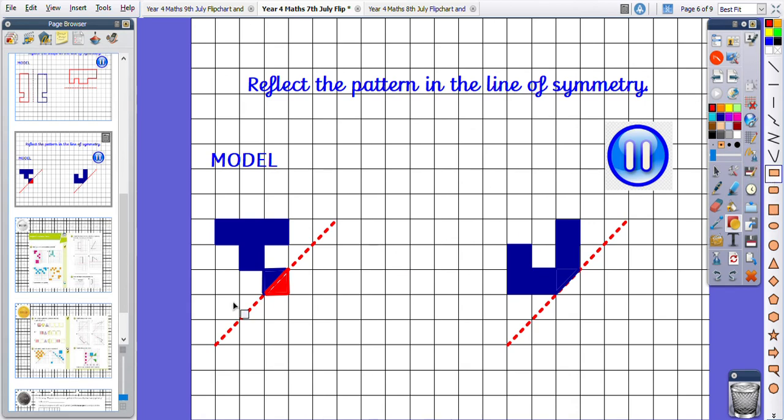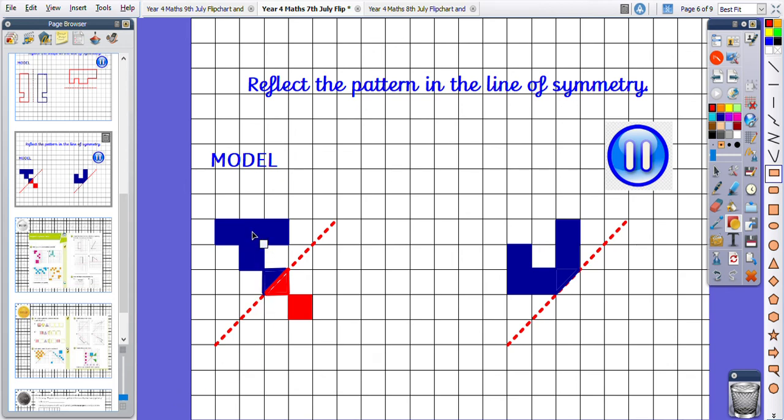And then I can see here in this shape, my original shape, that my next square is now touching the triangle I've created. So my square in my reflection is going to touch at the same corner. Okay, and this shape is above and to the left, so mine's going to be below and to the right because we are reflecting through a diagonal mirror line.